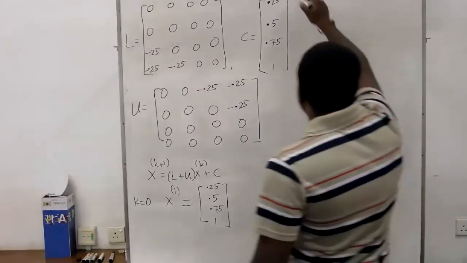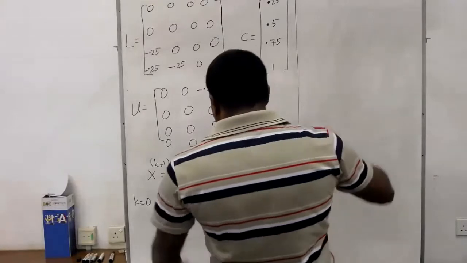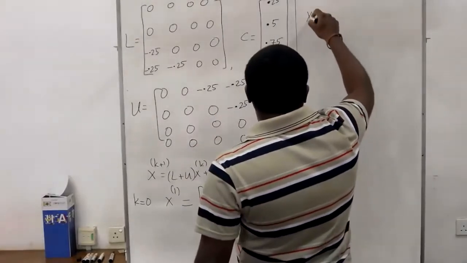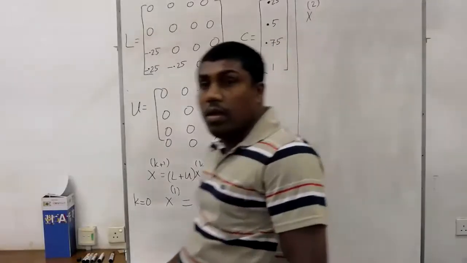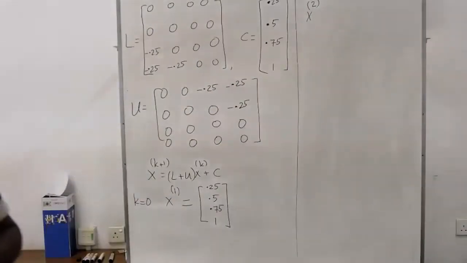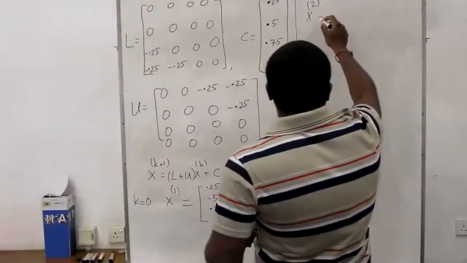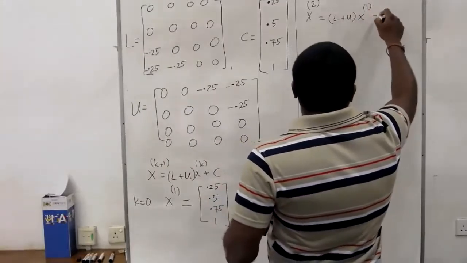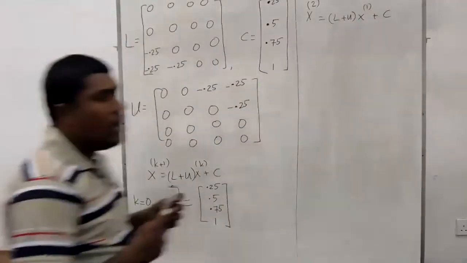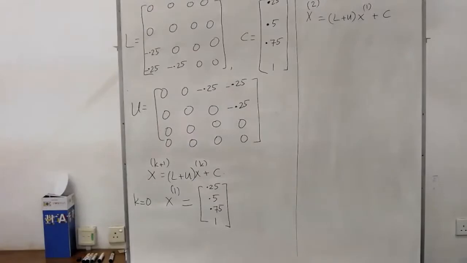When you put k equal to 1, you get x2, which is equal to (L plus U) times x1 plus C. So that is the Jacobi iteration.